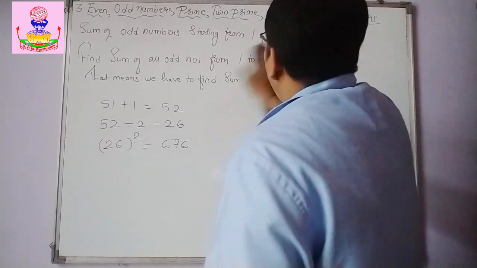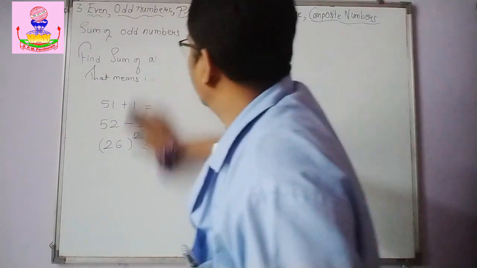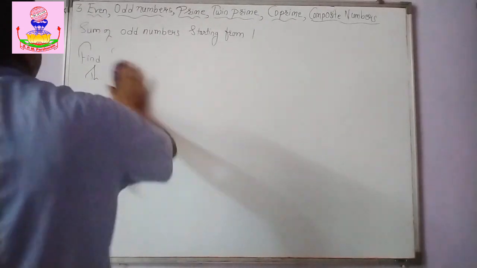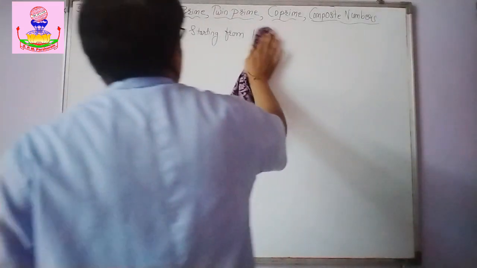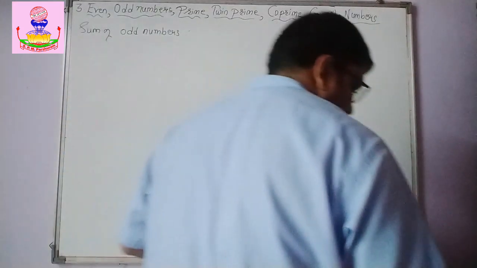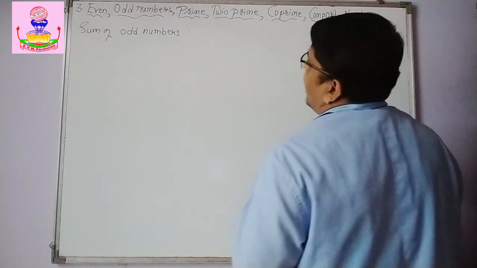Then to find the sum of odd numbers if they do not start from 1. So sum of odd numbers not starting from 1.